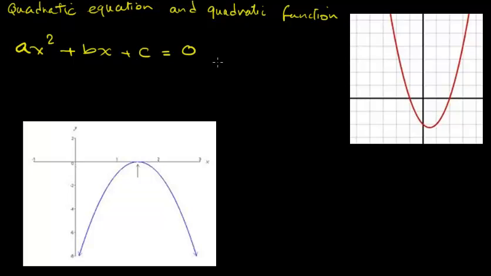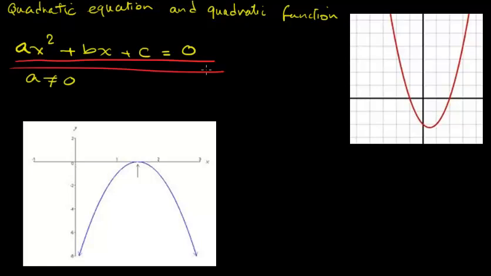This is a specific type. It's always written in this way, and a cannot be 0, and the equation is always set equal to 0. So this is the standard form of writing the equation.